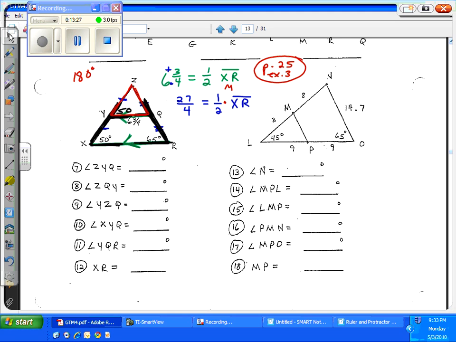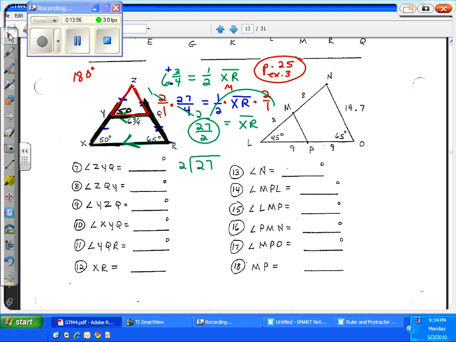Algebra 1, page 25, example 3, 3A and 3B. It says we undo multiplication by division or multiply by the reciprocal. Multiply by the reciprocal. Now that makes those cancel, and we get XR equal 2 goes into 2 once, 2 goes into 4 twice. We get 27 over 2, which is acceptable.